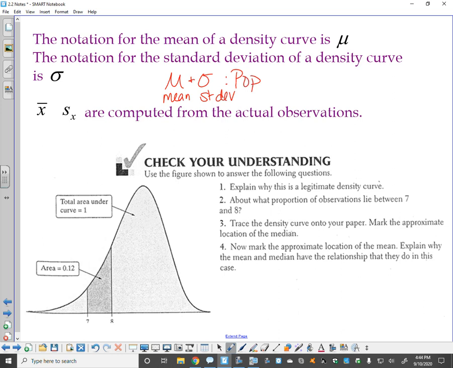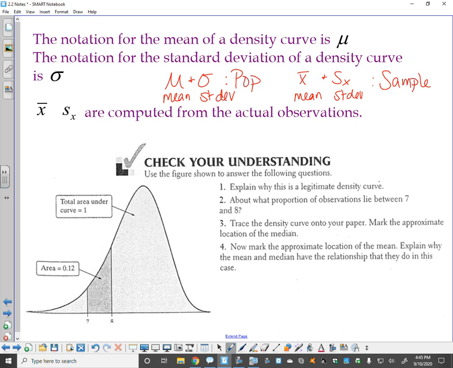And it needs to be somewhere where you can always see it when you're doing your stats. X bar and S sub x are the mean and the standard deviation when we have a sample. So mu and sigma for population, X bar and S sub x for sample.